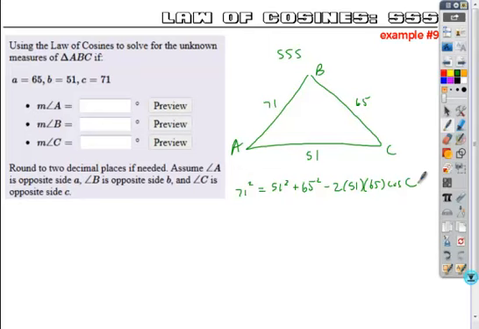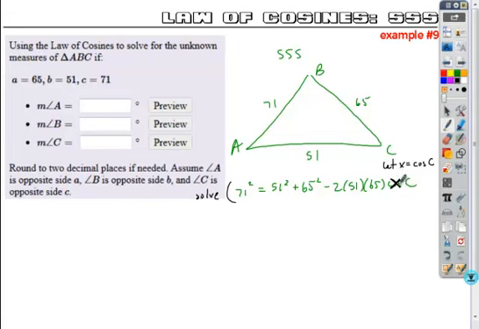Once again here, if you try to use the solve feature, with the variable embedded inside the trig ratio, it's not going to work in that way. You can still use the solve feature, but if you do, what you would need to do is let your variable be the entire trig ratio, cosine C. Meaning I could do this.